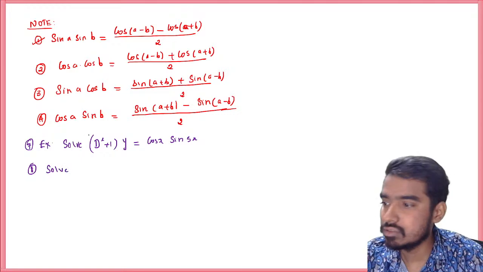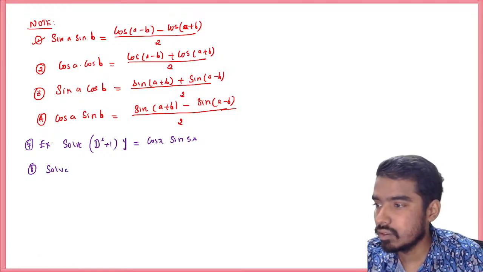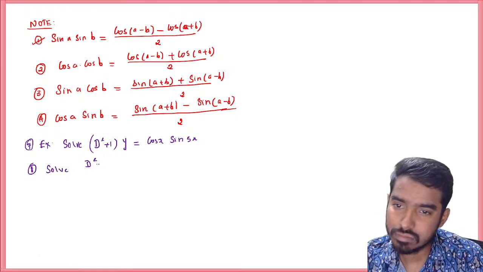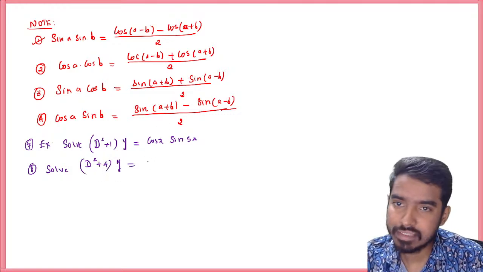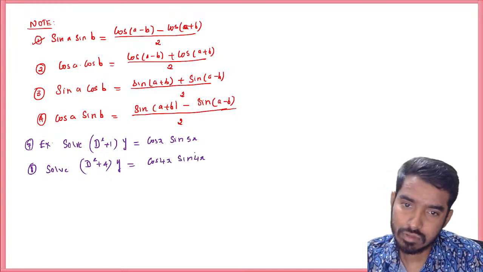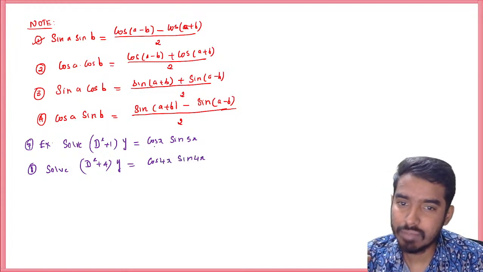The eighth problem is solve D square plus 4 of y is equal to cos 4x sin 4x. So you have to make use of the cos a sin b formula again.